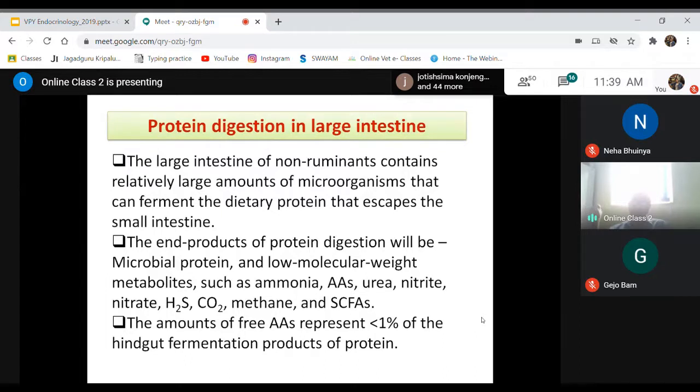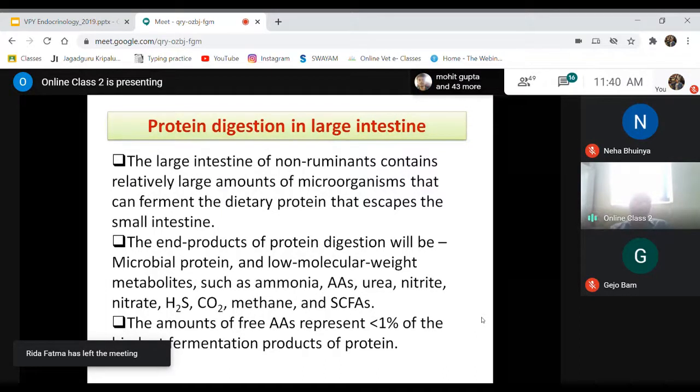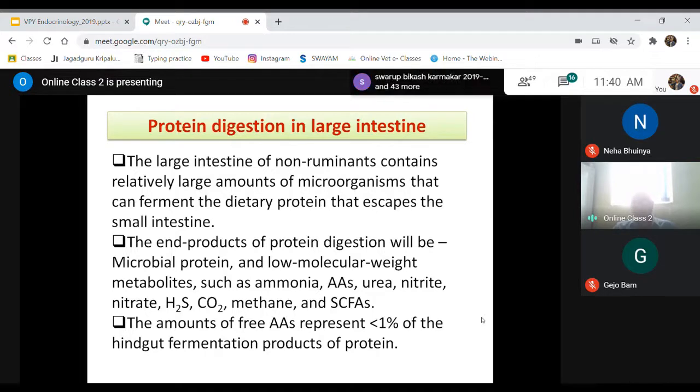So there will not be any digestion of protein in the colon, and microbial protein will not be digested. But if there is some free amino acid, that amino acid may be absorbed in the colon to some extent.